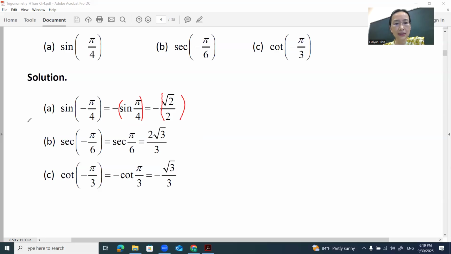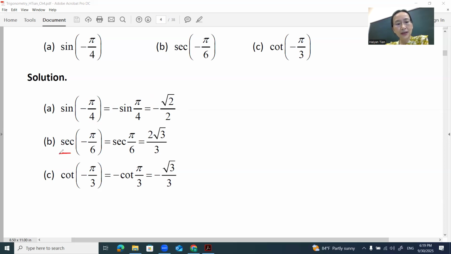Then with the negative sign here, we get the value to be negative. Because of the odd function, you can reduce this problem to just the problem of sine pi over 4. Then you take care of the negative later.